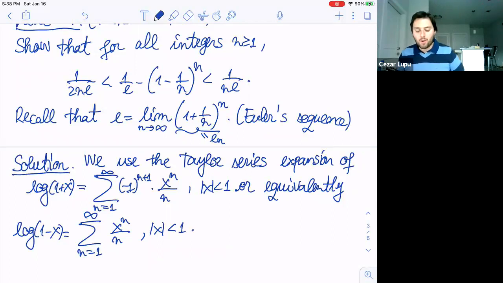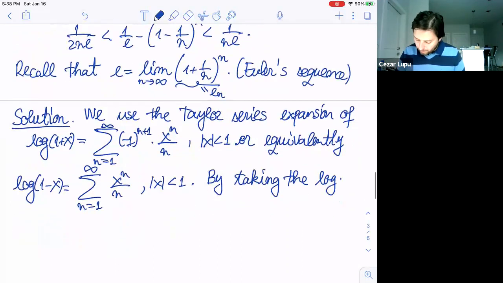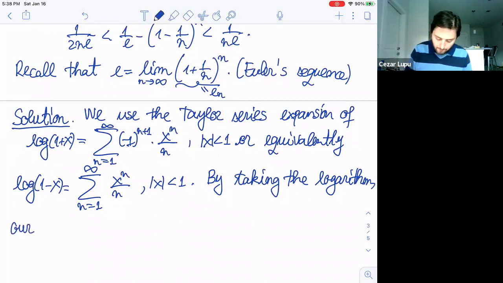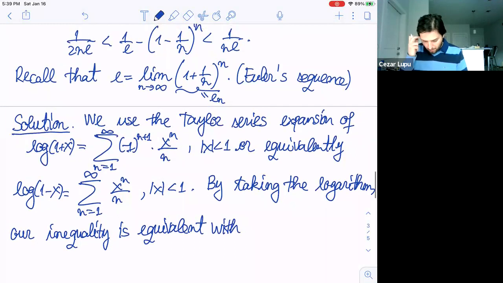All right. Now our inequality, by taking the logarithm, will be equivalent with the following.